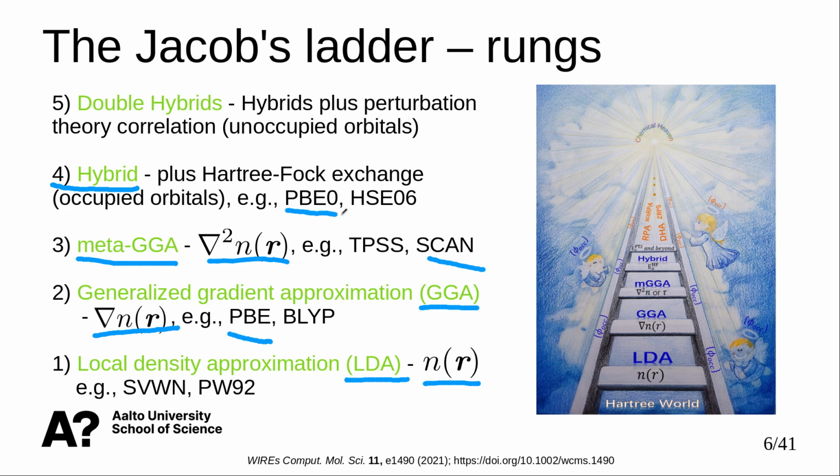A good example here is PBE0 or HSE06, which are quite known and famous in the materials science community. And lastly, we have the double hybrids, which further extend the hybrids plus a perturbation theory correction. So to speak, they add unoccupied orbitals. Because DFT is a ground state method, we're not good in treating unoccupied states. So we're anyhow just good in treating occupied states. So double hybrids add unoccupied states, but they increase the costs, as we will see later.